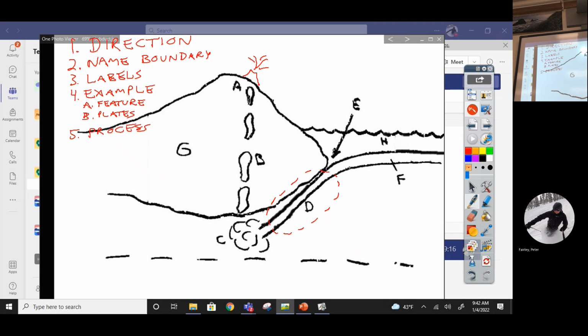That's what it is, but this place that I circled with the dotted line has a name. This region, this location. You want to try D again? You're right, that's what's happening, but there's a name for this.